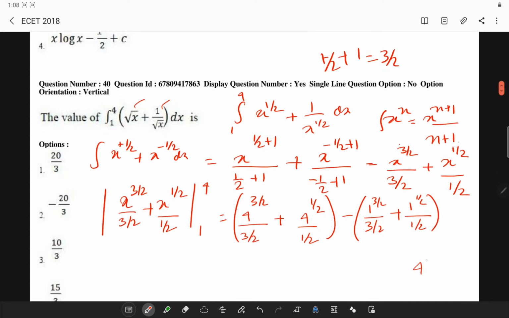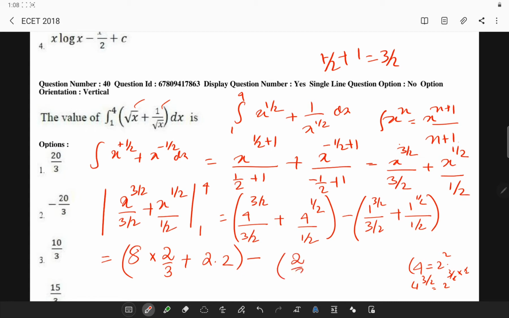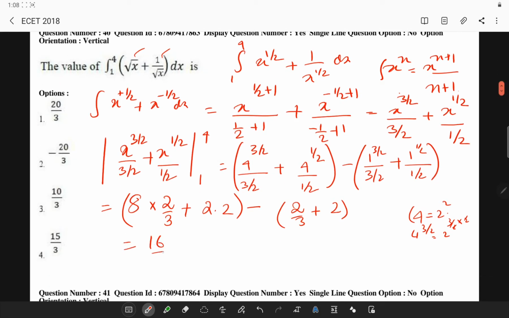I can write 4 as 2 square, so 4 power 3 by 2 is 2 cube, which is 8. So this is 8 into 2 by 3 plus 2 into 4 power 1 by 2, which is 2. From this you subtract 2 by 3 plus 2. So this is 16 by 3 minus 2 by 3 plus 4 minus 2. So this is 14 by 3 plus 2. So this is 20 by 3.